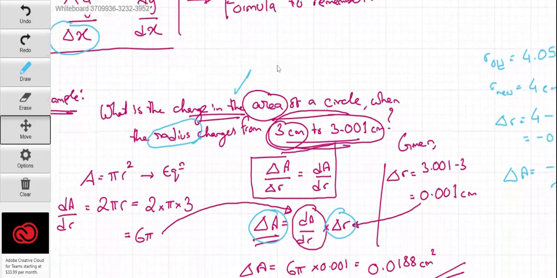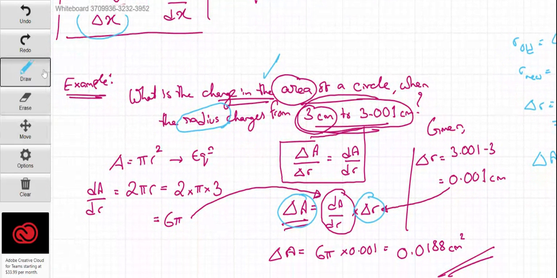So let me just give you an example of how this formula is being used in a situation. For example, I ask you to find out what is the change in the area of a circle when the radius changes from 3 centimeters to 3.001 centimeters. If you get the idea here, you can see how the radius is changing.